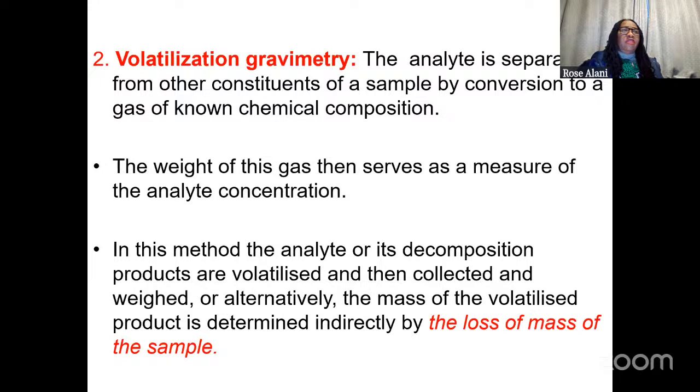The analyte of interest is volatilized into gas, and then the whole sample is weighed, and the loss in the mass of that whole sample gives the mass of the gas that you're interested in.